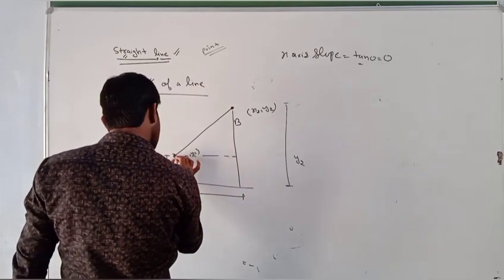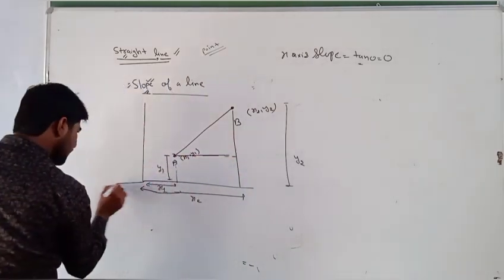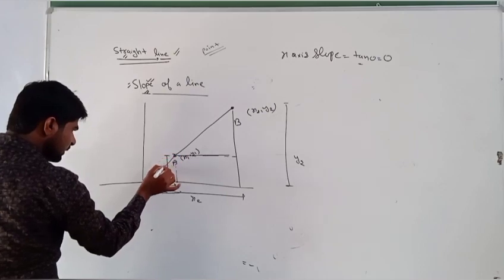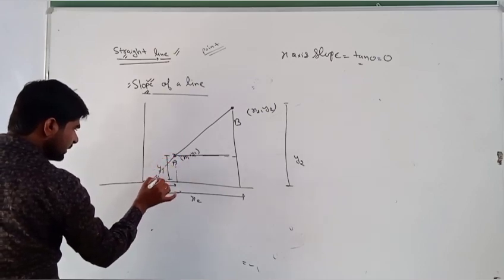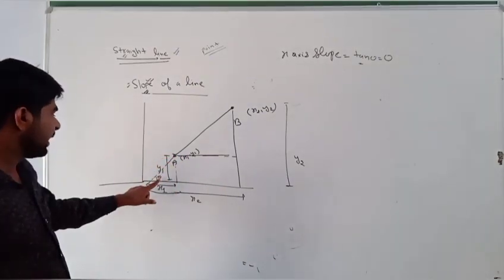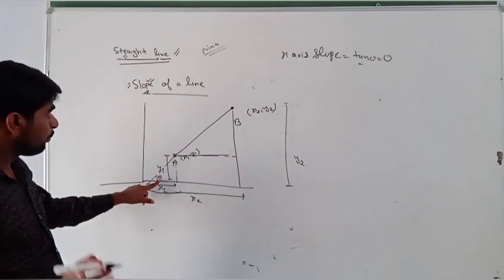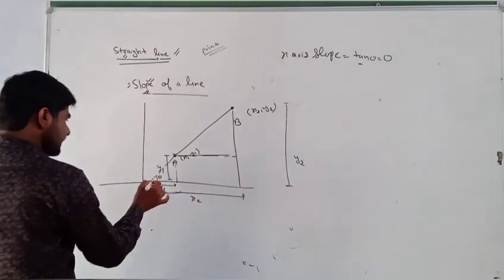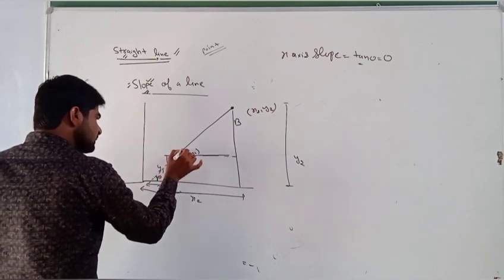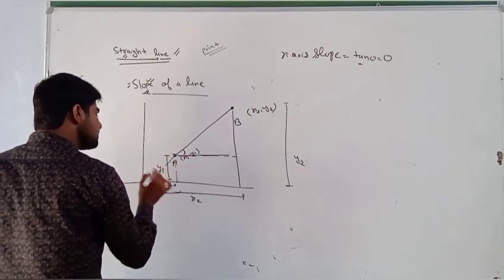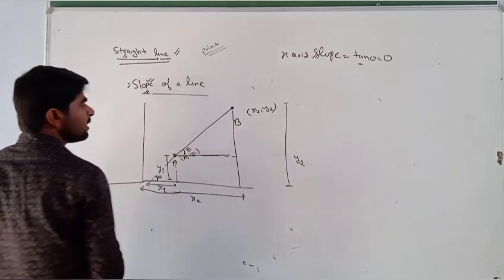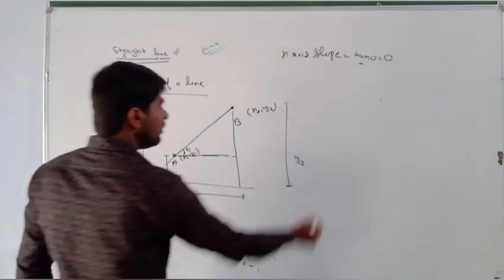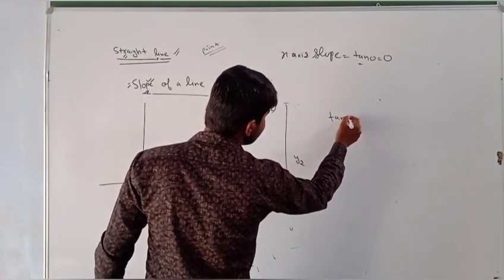Now see, the line makes an angle theta with the positive x-axis direction. These are adjacent angles, so this will also be theta. Now what do we want to find out? We want to find tan theta.